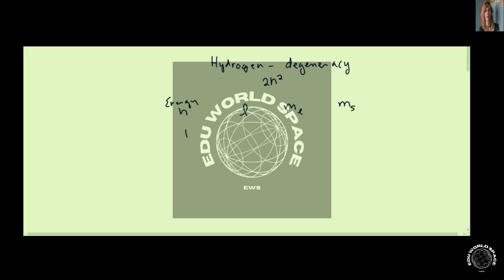The second one is L, which goes with the angular momentum of an individual state. The next number is m sub L, sometimes called the magnetic quantum number or the z component of the angular momentum. It can only take on discrete values. And the last one is the spin of the electron.